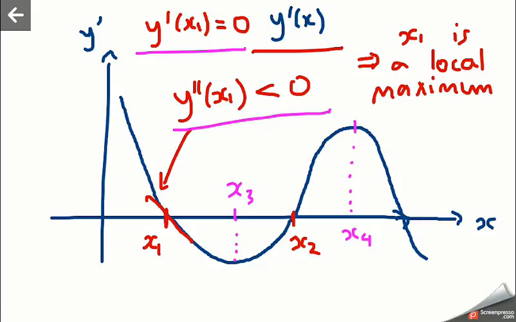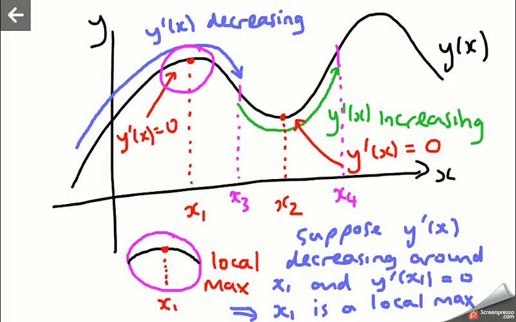This must mean that x1 is a local maximum, because y prime of x1 equals 0 tells us that the tangent line is flat at the point x1 on the graph of y of x, and then y prime prime of x1 less than 0 tells us that those tangent line slopes are decreasing around x1, getting less and less positive until they reach 0, then they start becoming more and more negative.